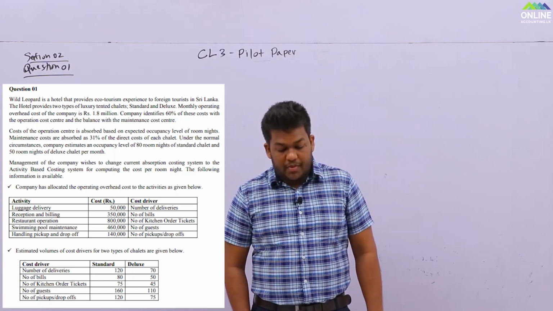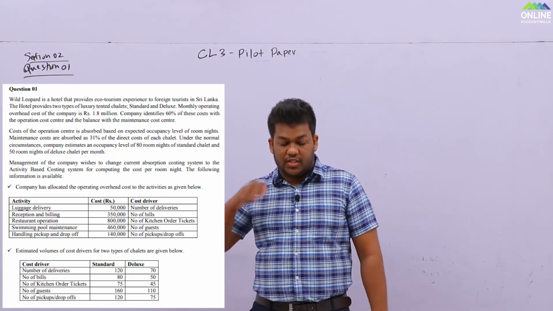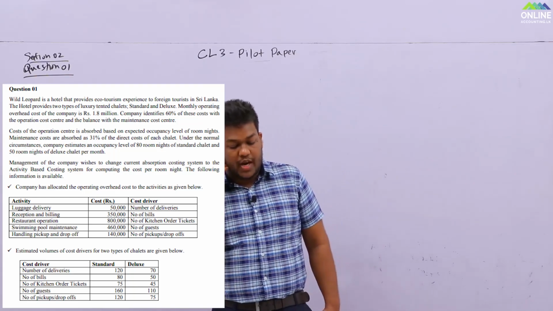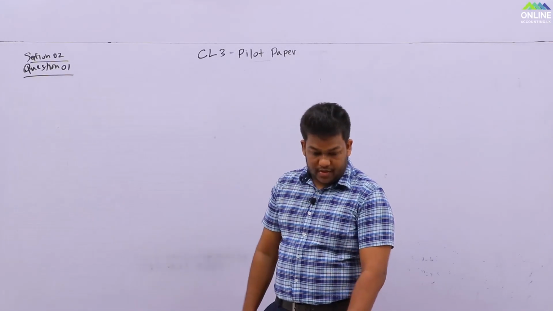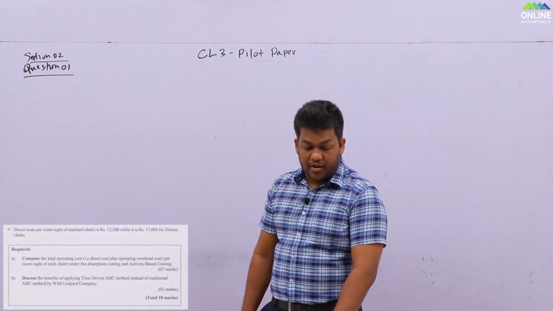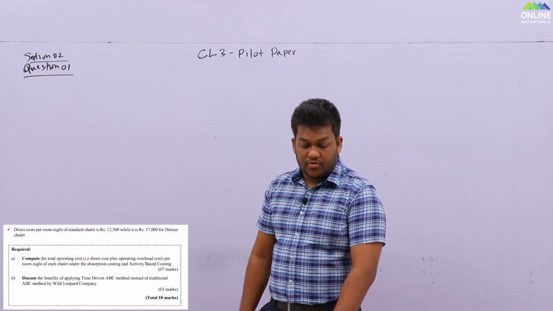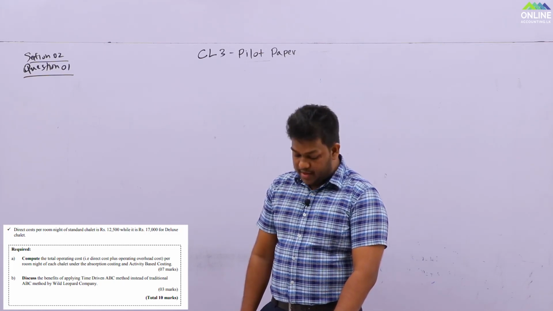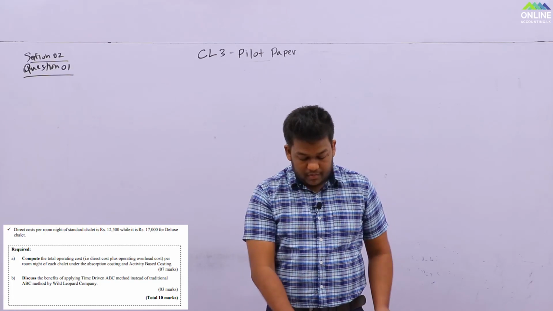The management wishes to change the current absorption costing system to activity based costing, computing the cost per room night. The following information is also given. The direct cost per room night of a standard chalet is 12,500, while it is rupees 17,000 for a deluxe chalet.